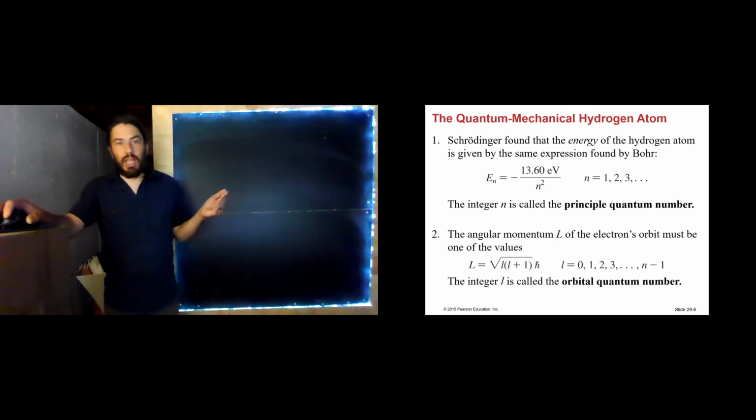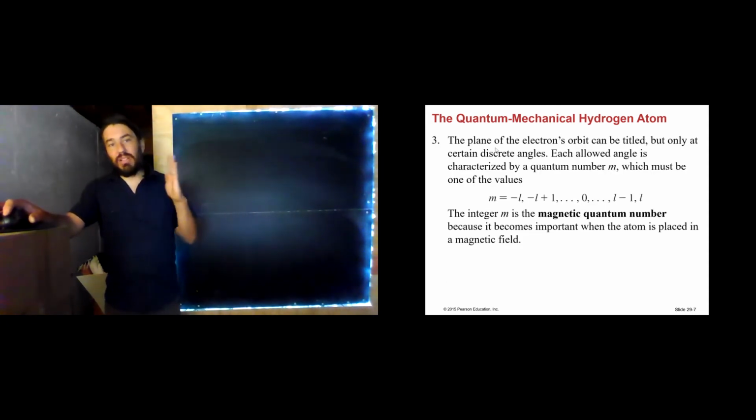And recall that h has units of eV seconds or joule seconds. These are the units of angular momentum. And so it turns out that the angular momentum is quantized according to this value here. And so we have a second quantum number, and that is little l. It is not specifically the angular momentum, but if we know little l, then we can calculate the angular momentum of the electron.